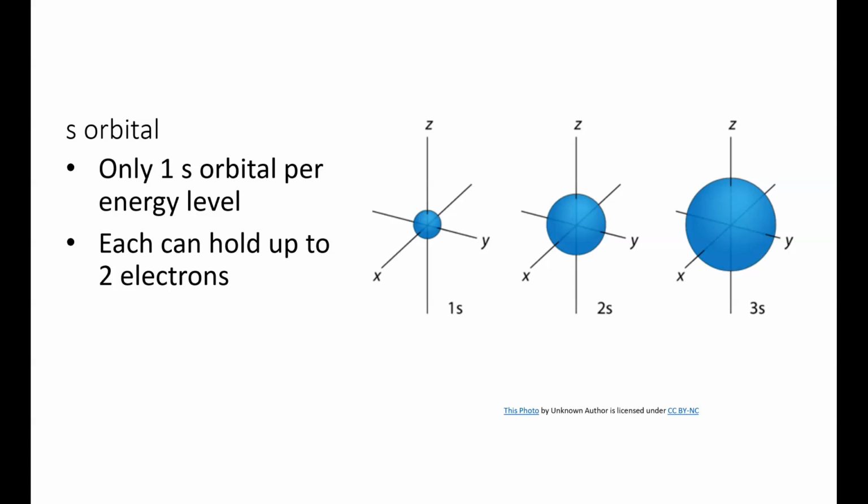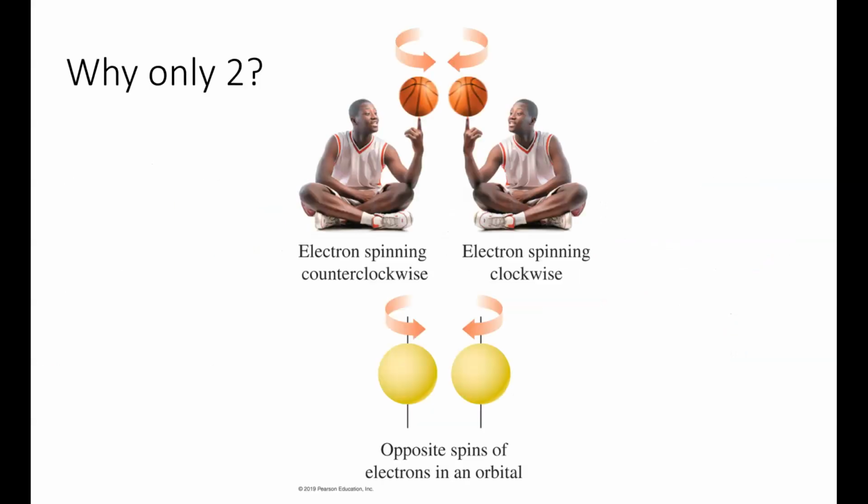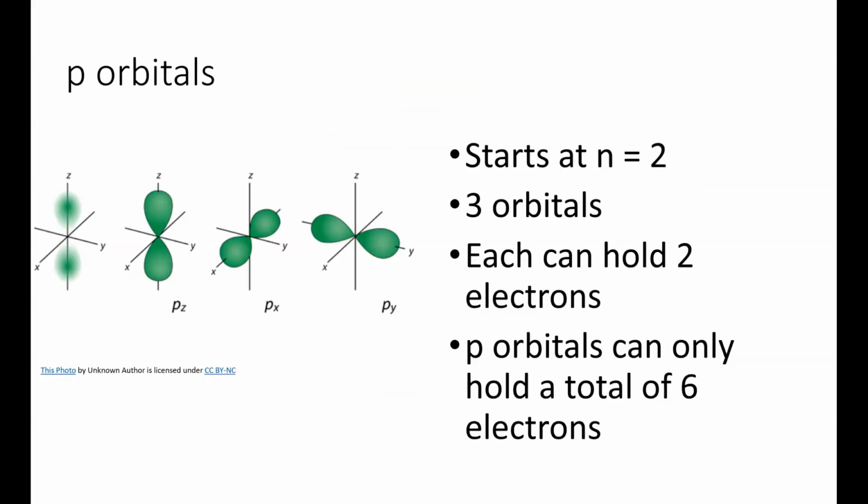Each of these can hold 2 electrons, so at the 1s level you can have 2 electrons, 2s can have 2, 3s can have 2. Notice that it gets bigger as the energy, as the quantum number increases. So the quantum number is that 1 or 2 or 3 here. p orbitals start at n equals 2.